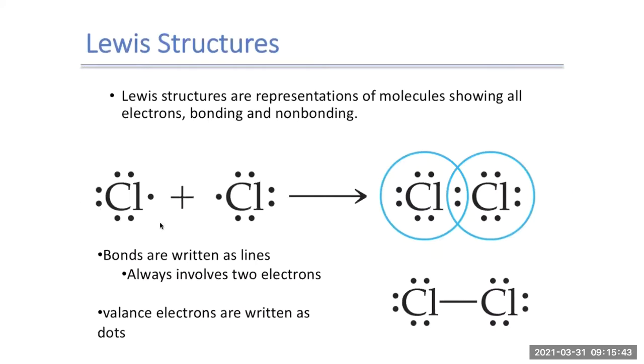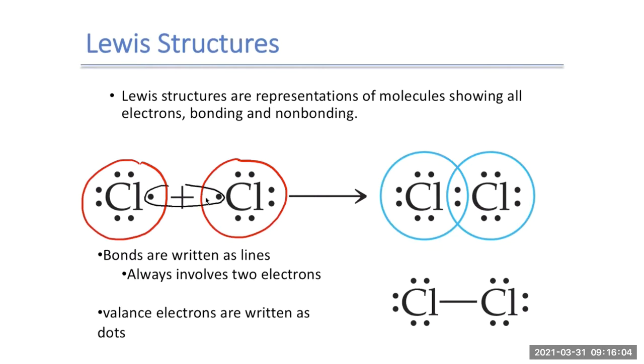So if I start with chlorine, each chlorine here, if I draw its Lewis symbol, has 7 electrons around it. With the 7 electrons around it, if they share their unpaired electrons, then they end up with 8 electrons around them. So we see we have 8 electrons in each circle.